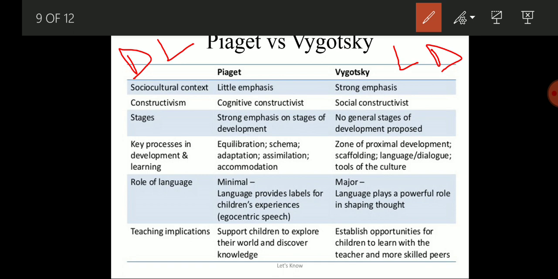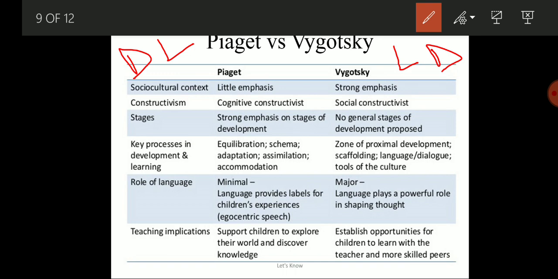And equilibration, which is dealing with equality. Okay, suppose I have some information about the Taj Mahal. The Taj Mahal is white in color. It is built of marble stones.